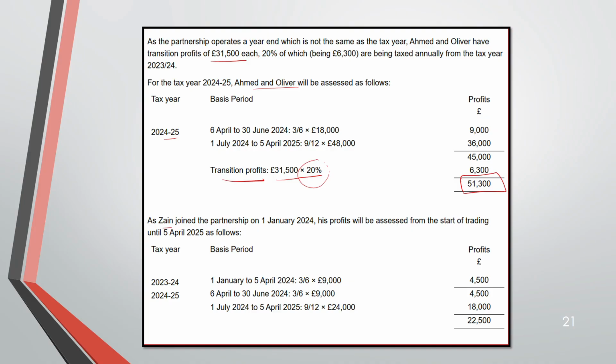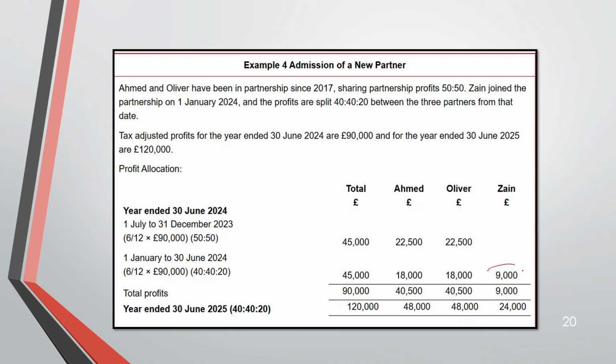Moving to Zain. So when Zain is joining, he's joining from 1st Jan 2024. His profits will be assessed from the start of trading until 5th April. So from 1st Jan to 5th April 2024, 3 months, he will be assessed on the 9,000 profit. Just go back, this 9,000 profit is for the year ended 30th June 2024.